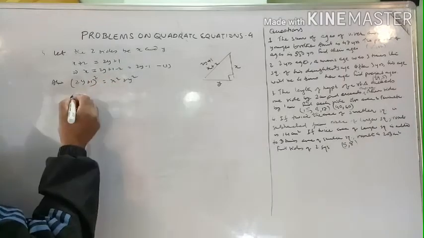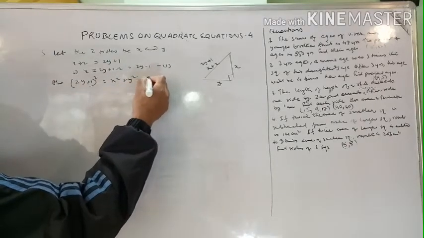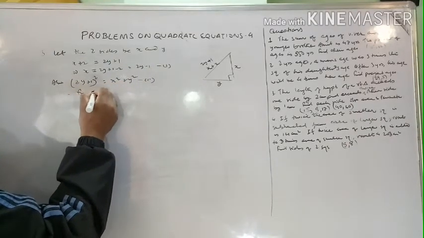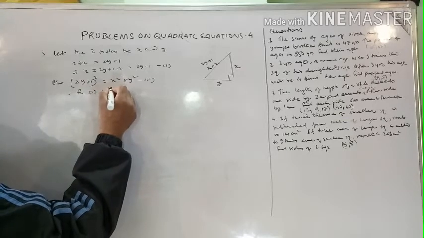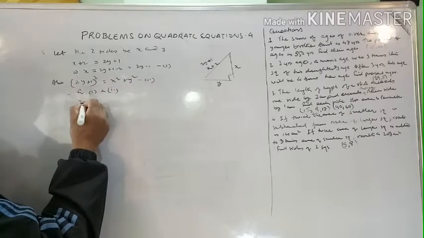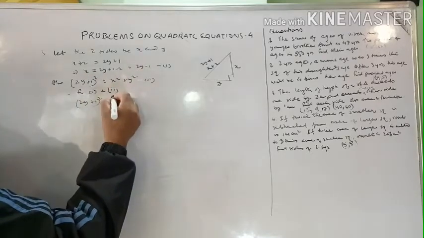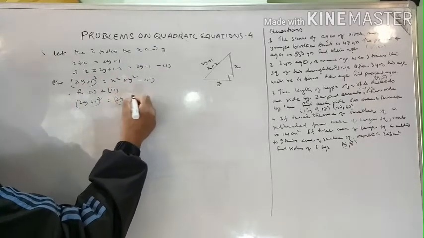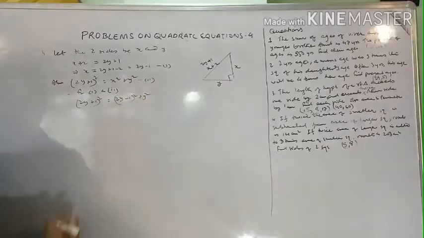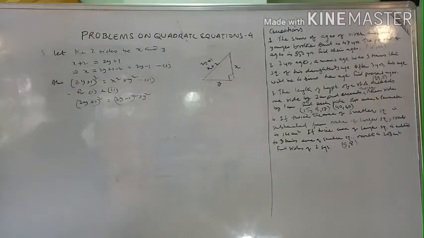If you put the value of x here, this is equation number 2. So from 1 and 2, what do we get? 2y plus 1 whole square is equal to, the value of x being 2y minus 1, 2y minus 1 whole square plus y square. So only y is there. Now we can solve for y.